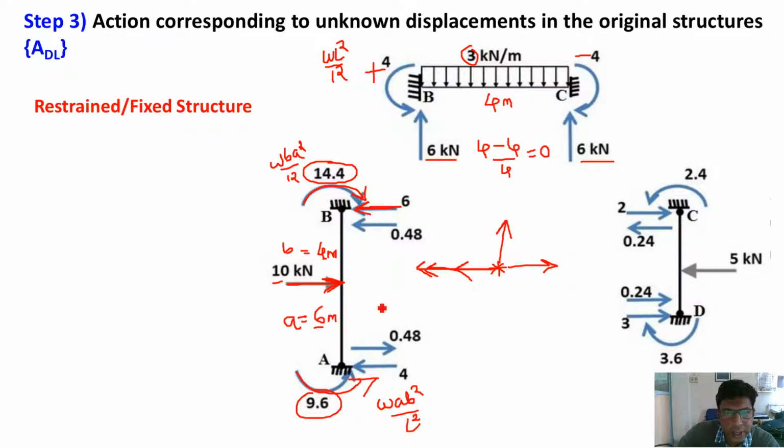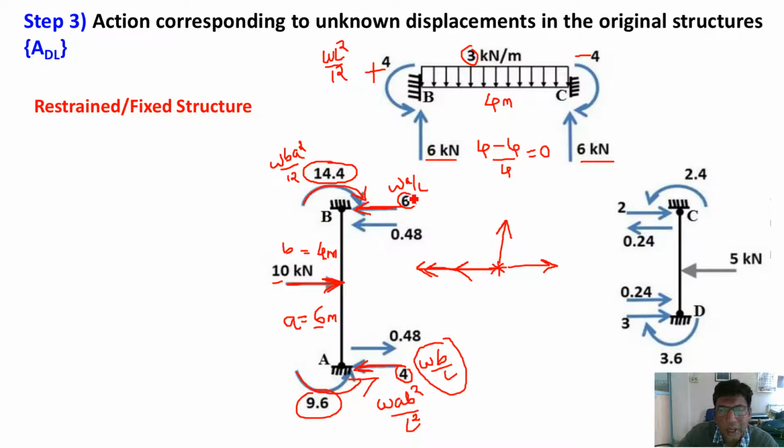So this reaction because of external load will be towards the left, and we know the magnitude of this left reaction will be Wb by L, and the right reaction will be Wa by L. So a equal to 6, b equal to 4, W equal to 10, L equal to 10. If you calculate this Wb by L, it will be 4 at A and 6 at B. These are the reactions due to the external load, that is 10 kilonewton.